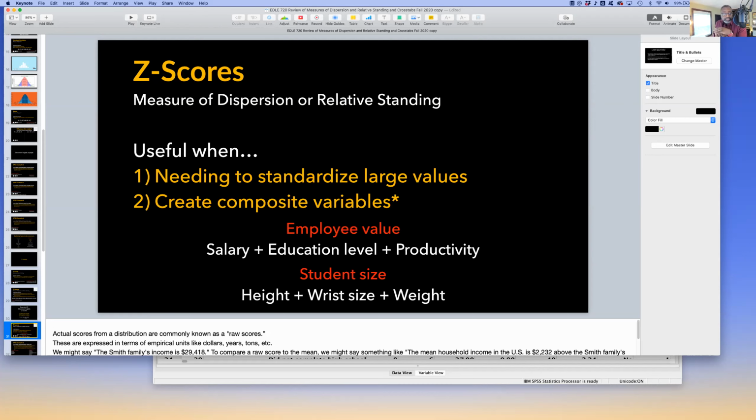And productivity could be some arbitrary interval data or hours worked, which would be ratio, hours worked per week. But all those are different units, right? You have salary in dollars, education level in years, and productivity in hours. And so to standardize all these data points, you could turn all of them into z-scores, and then you can combine them into one variable.